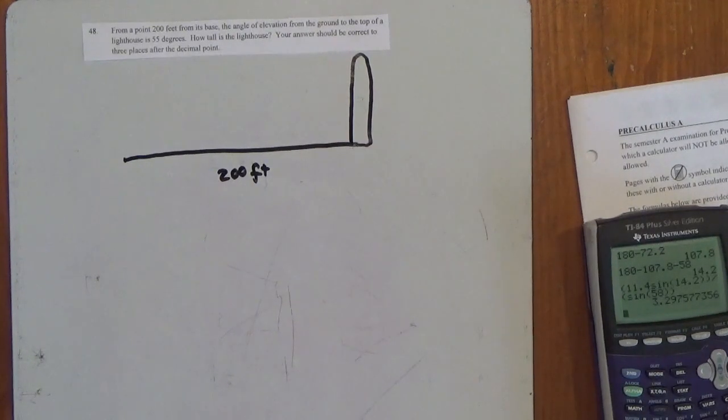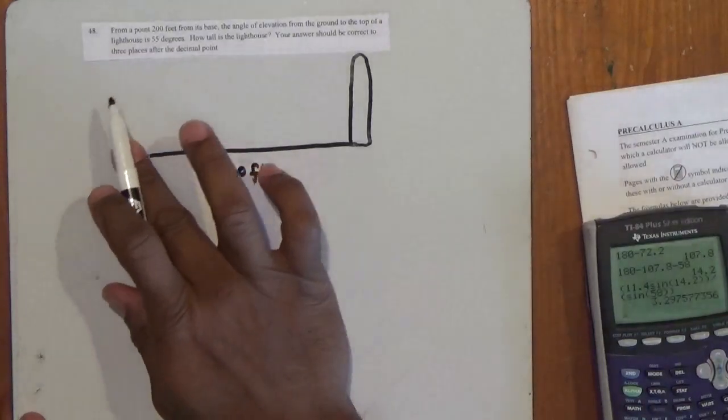The angle of elevation from the ground to the top of the lighthouse is 55 degrees.